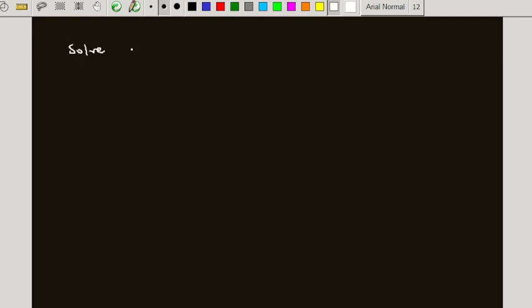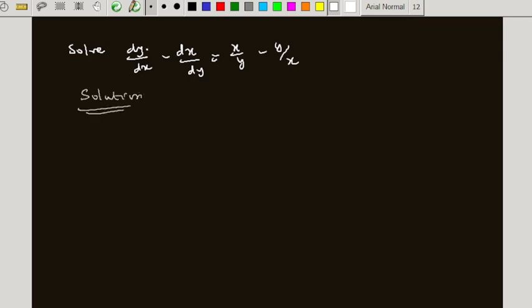Solve dy by dx minus dx by dy equal to x by y minus y by x. So solution. Here we know that this is p and this one is reciprocal of p equal to x by y minus y by x.